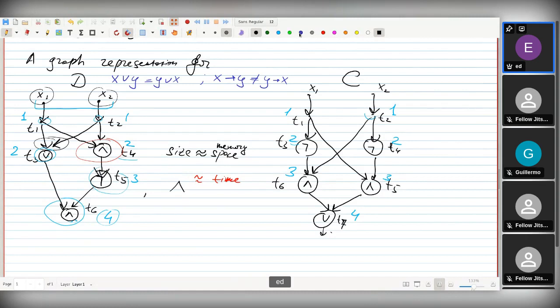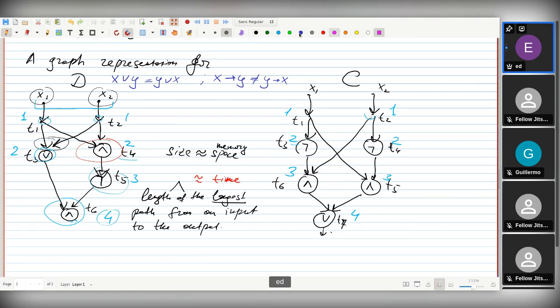Yes. So it is just the length of the longest path from an input, whatever, we should take the maximum, to the output.